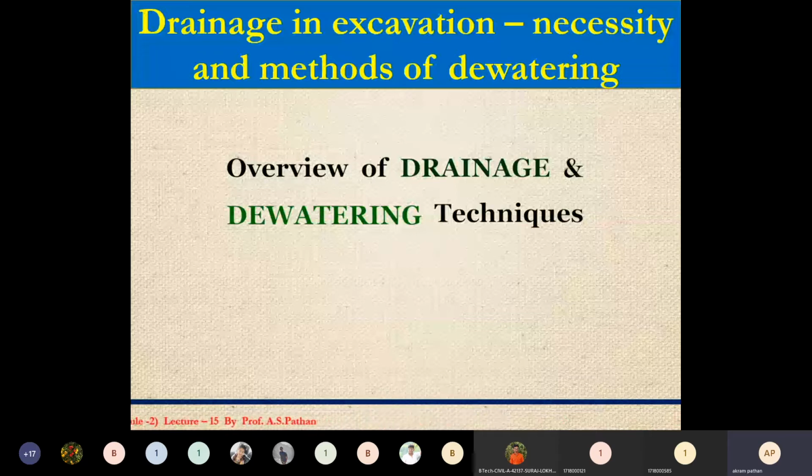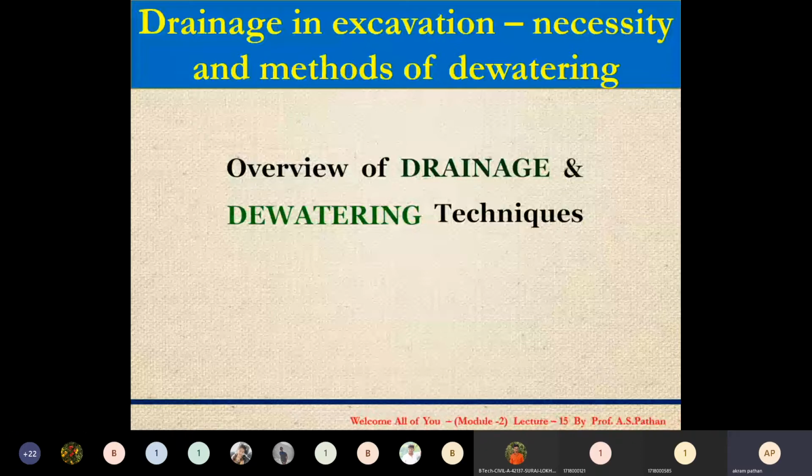The construction of any type of structure, such as footings of various buildings, powerhouses, multi-story buildings and many other structures, requires excavation below the water table into water-bearing soil.